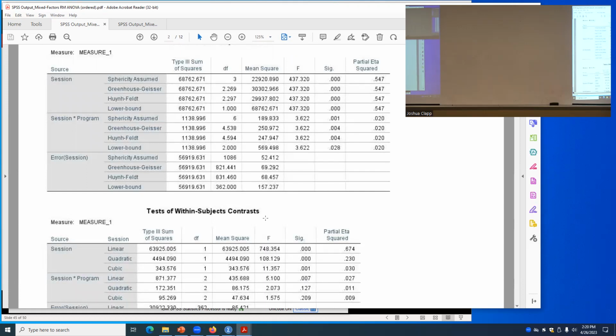Okay, and if we go down through, we see that we very clearly have a main effect of session, suggesting that across these repeated assessments, means are changing somewhere, right?